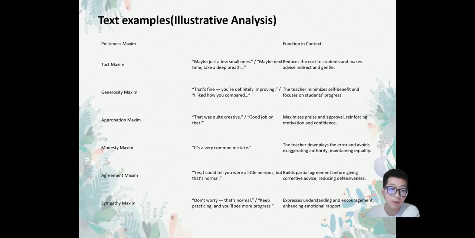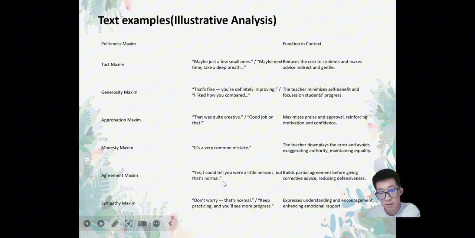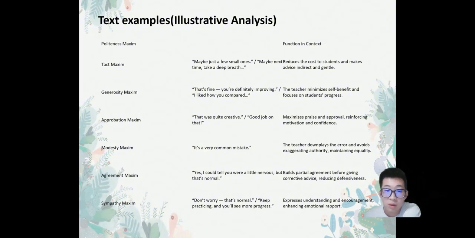The fifth one is the agreement maxim. "Yes, I could tell you were a little nervous, but that's normal." In this sense, the teacher used the modal verb "could" to soften his tone and builds partial agreement before giving the feedback, trying to reduce defensiveness.